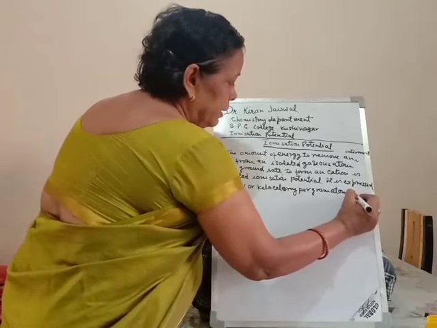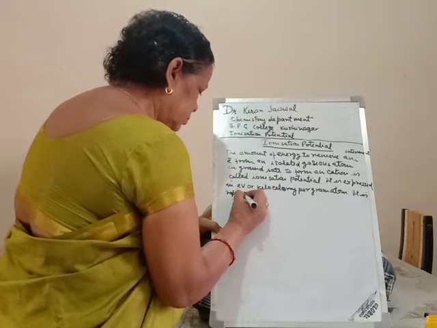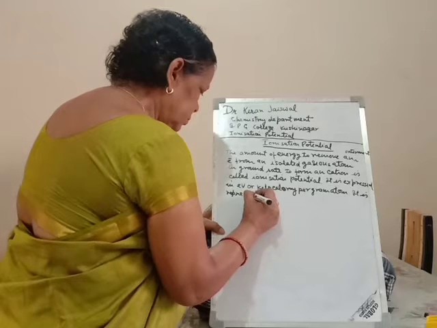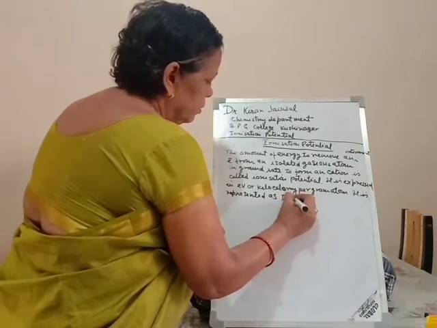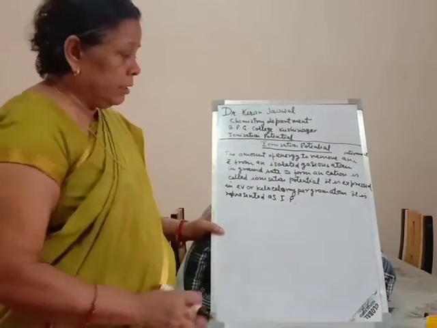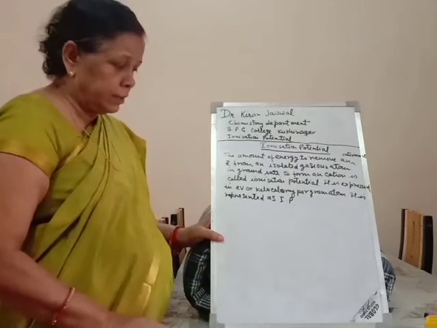It is represented as IP. In short, it is represented as IP, where I means ionization and P means potential.